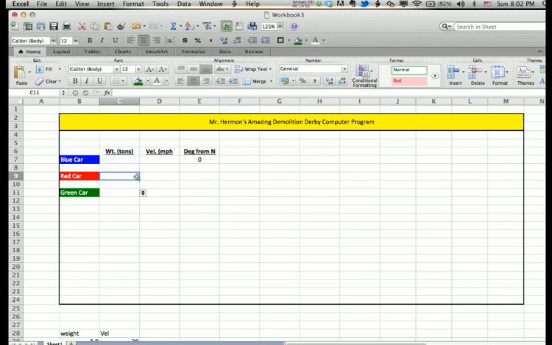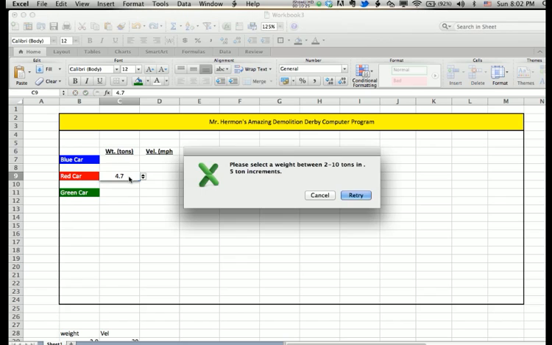Okay. And you'll notice now when I click in one of these cells, it gives me this little drop down symbol. I can click on it and it lets me pick something. You can also enter something straight in. But if you do that, then sometimes they do something different, like 4.5, hit return, and oh, I guess that's a valid one. 4.7, hit return, and it says please select a weight between 2 and 10 tons in 0.5 ton increments.